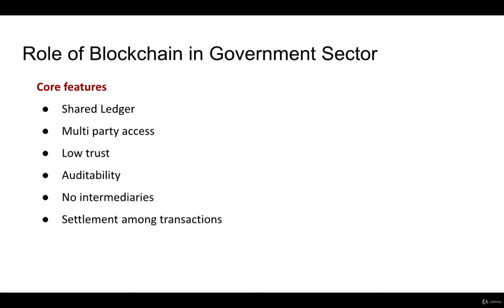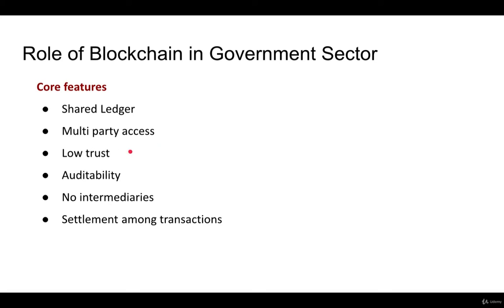Once the data is put into the shared ledger, it will always be available to the concerned parties. With the concept of shared ledger, you also have multi-party access and even access level can be controlled. So it's not always completely public; part public and part private can be maintained. For example, when you want to share data across different parts of the government bodies, you can decide what part of the data can be shared.